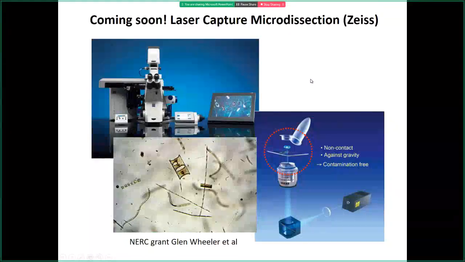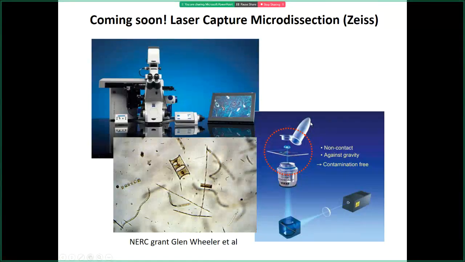Okay, coming soon. We've recently acquired, but it hasn't yet been delivered, a laser capture microdissection microscope made by Zeiss. This allows the isolation of single cells from populations or cells within tissues, and it does that by using a laser to cut around the cell, and it then uses that laser to blast the cell into an Eppendorf tube, where that single cell or group of cells can then be analysed, for example, by PCR or any kind of molecular analysis.